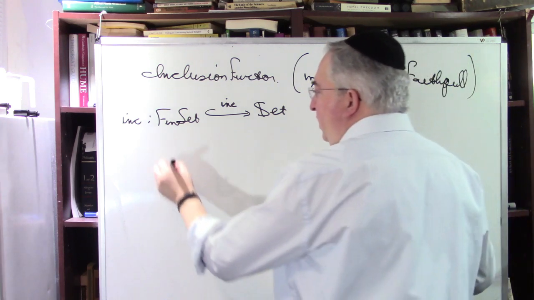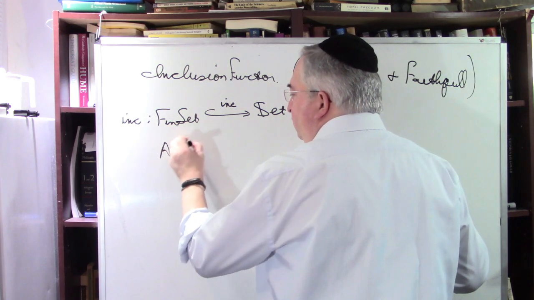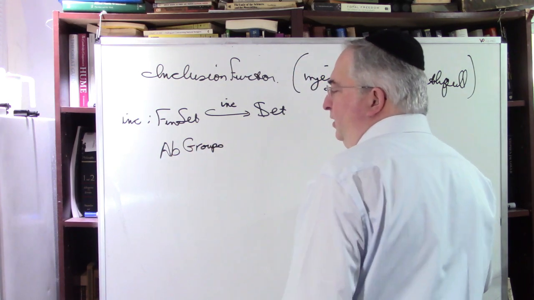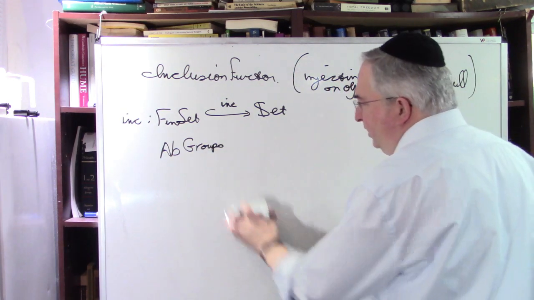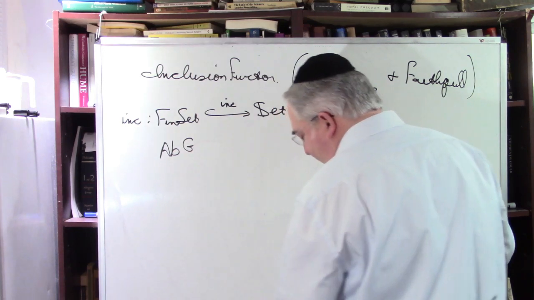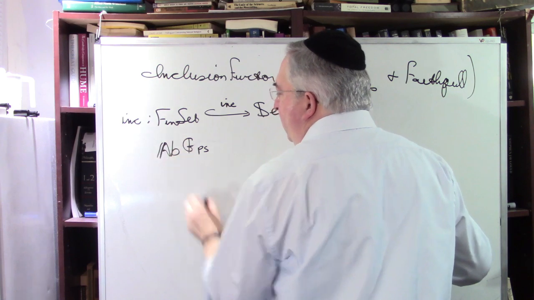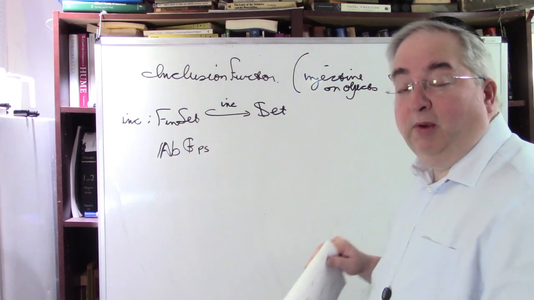Okay, let's do another one. Abelian groups. In the book I write it as GPS, but it doesn't matter. Let's remember what abelian groups are.